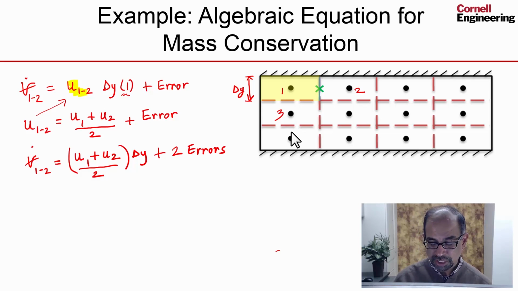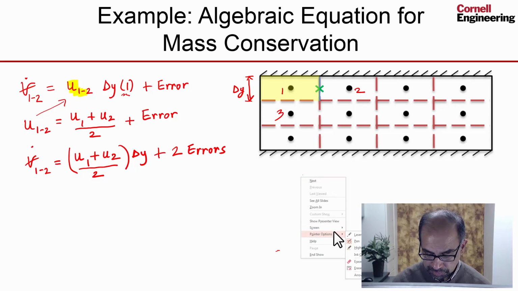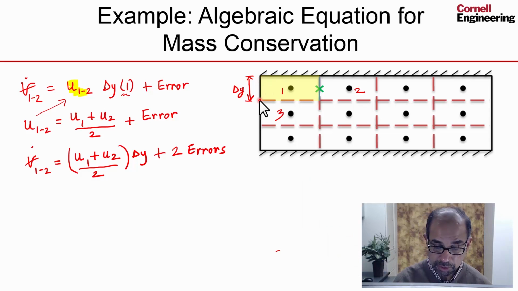Then the contribution from the top boundary is going to be 0, and the contribution from the left boundary is going to be known because we know the velocity coming in from the boundary conditions.